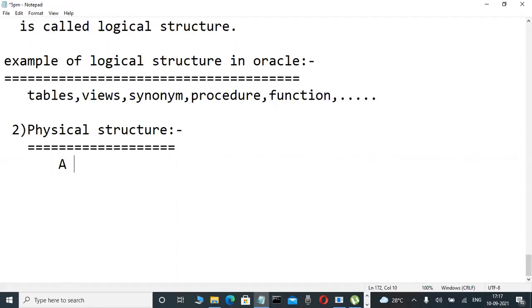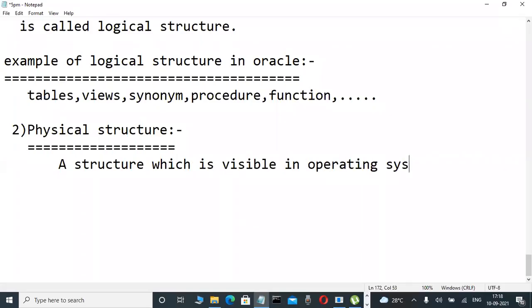A structure which is visible in the operating system is called physical structure.